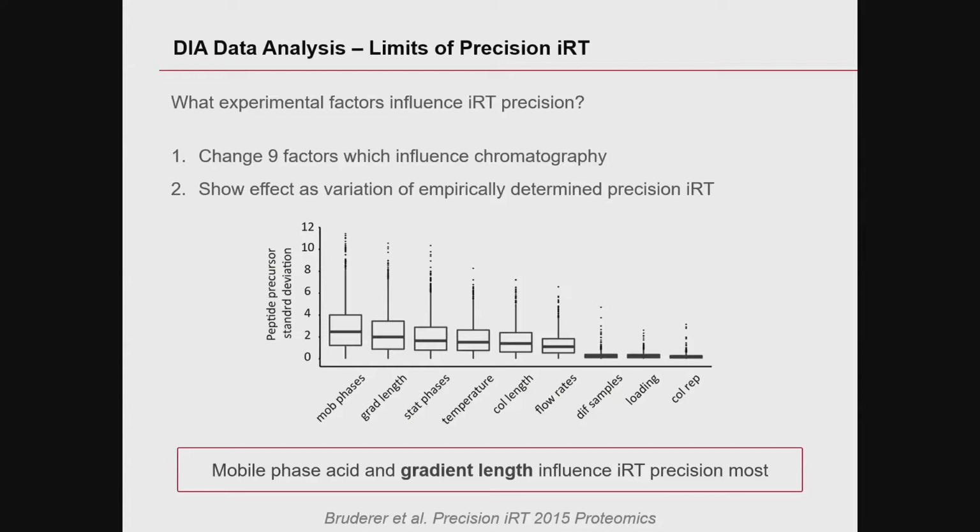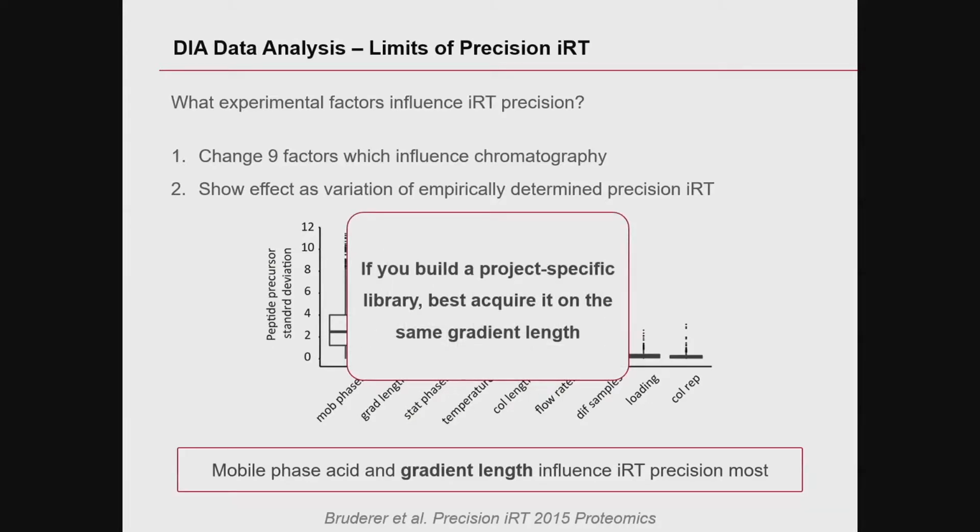For us, it was not so intuitive that the gradient length would have a big influence on the precision of the iRT, but it actually does. So that's good to know. So if you build project-specific libraries, if you really go the length of doing that, it's probably a good idea to do it on the same gradient length as you do your DIA runs, because it really gives you something extra.